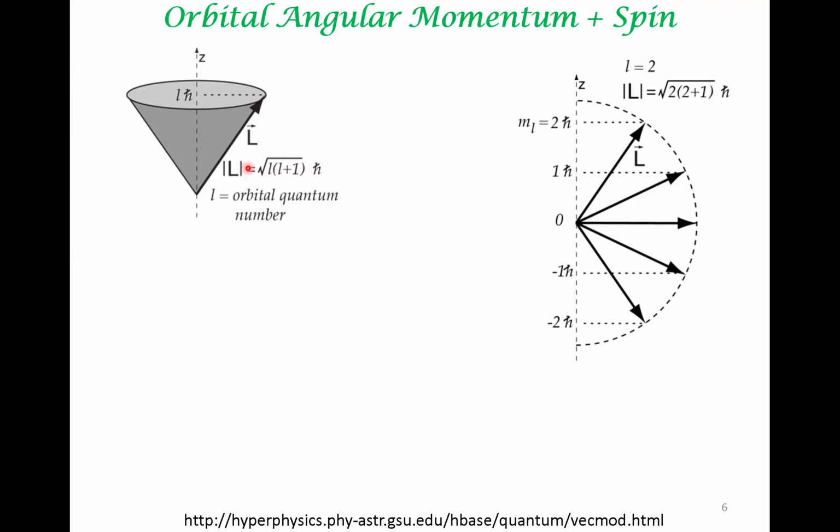If the angular momentum quantum number has a particular value, let's say in this case, L is equal to 2, not all components of the angular momentum can be completely specified, because we are constrained by the uncertainty principle.